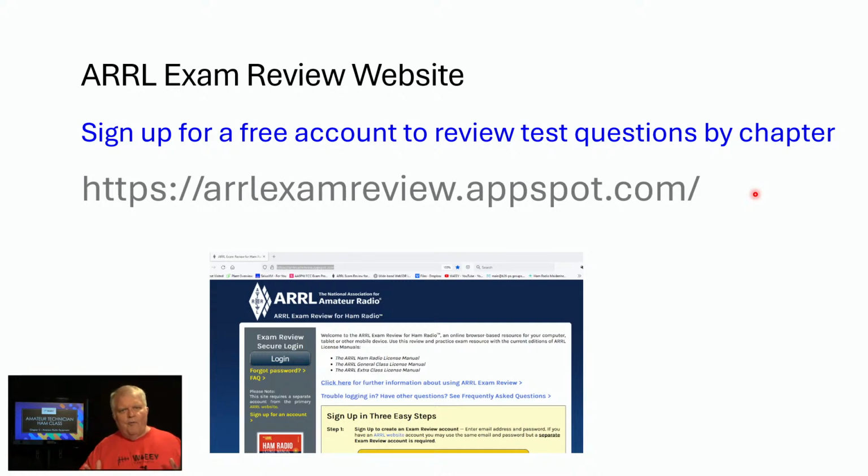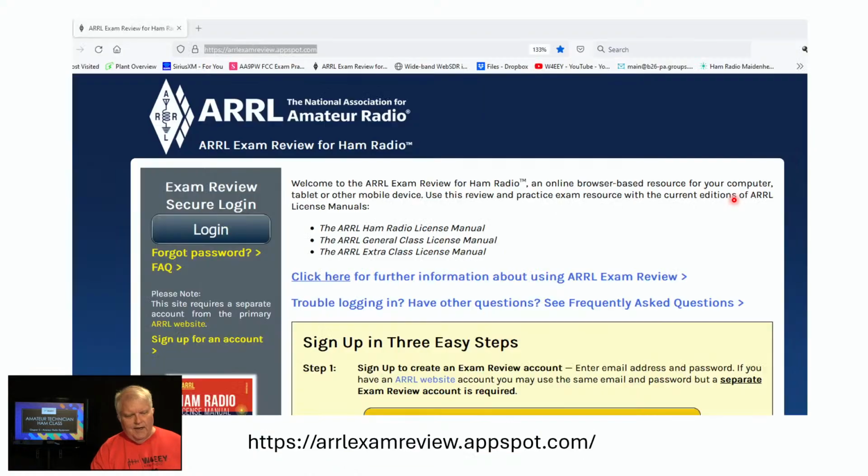So this is all part of the human learning process and remembering process. So this is the website that we recommend. It's free. You will probably have to give them your email address only to establish a free account, and that way they keep track of how your progress is, and they'll tell you what your strengths and weaknesses are.